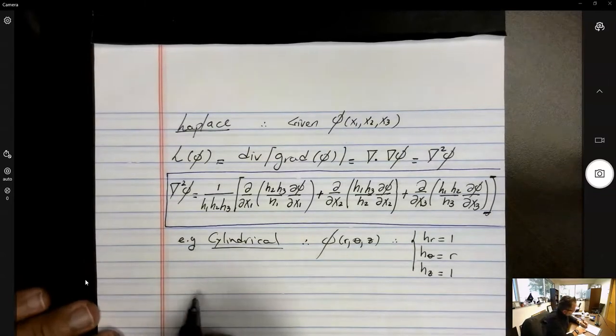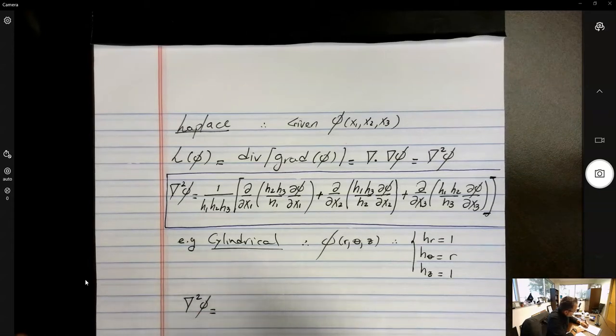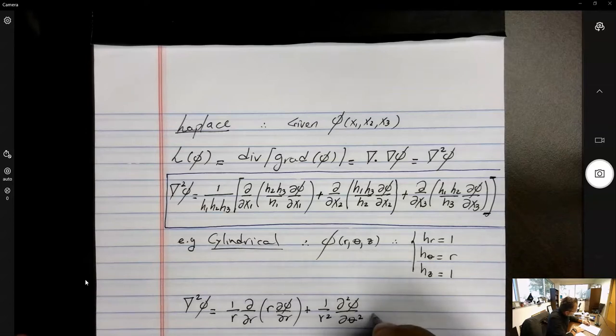So this plays out to be actually quite simple, because the Laplace of phi is going to be 1 over r d/dr of r d phi dr, plus 1 over r squared the second derivative of phi with respect to theta squared, plus the second derivative of phi with respect to z squared.